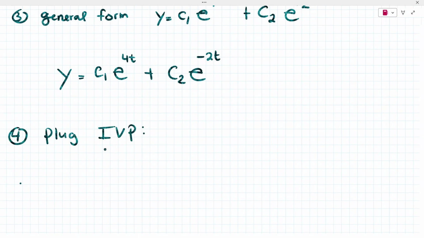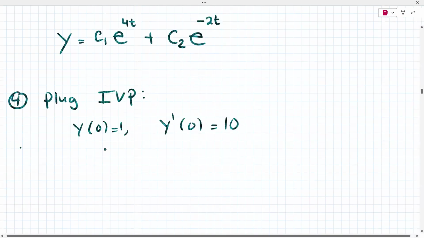So one of your initial conditions is y of 0 equals 1, and then y prime of 0 equals 10. So yeah, we're probably going to have to do some kind of system of equations.